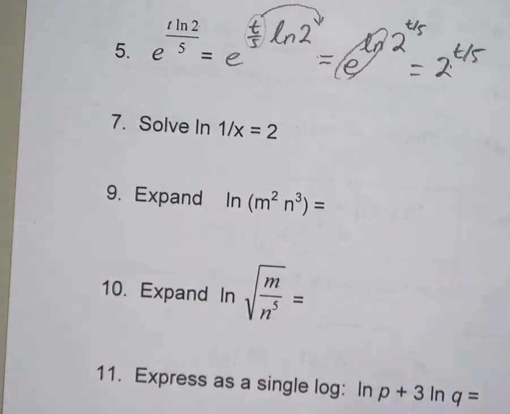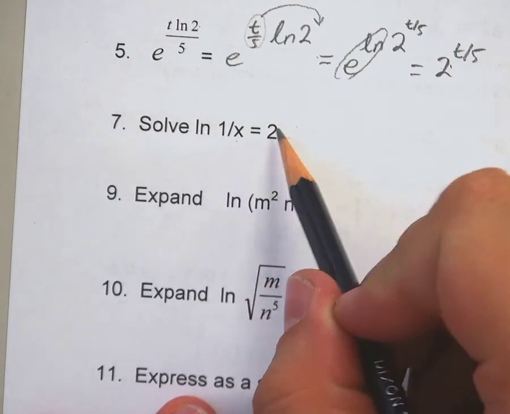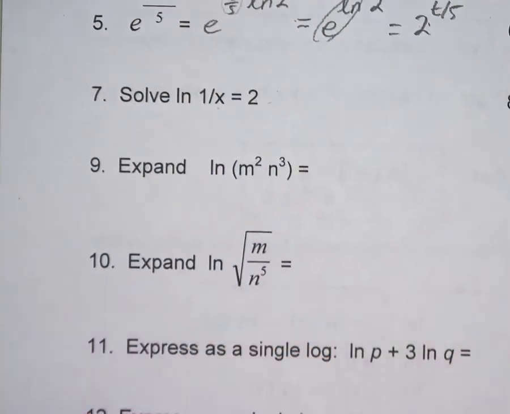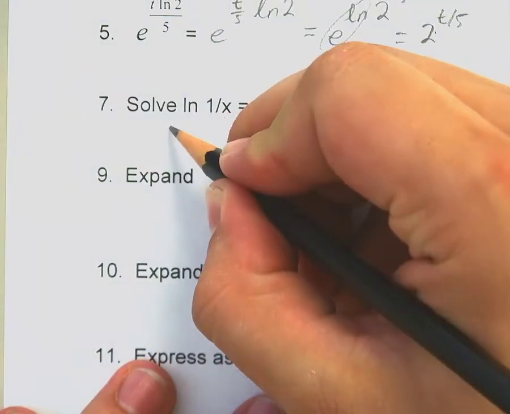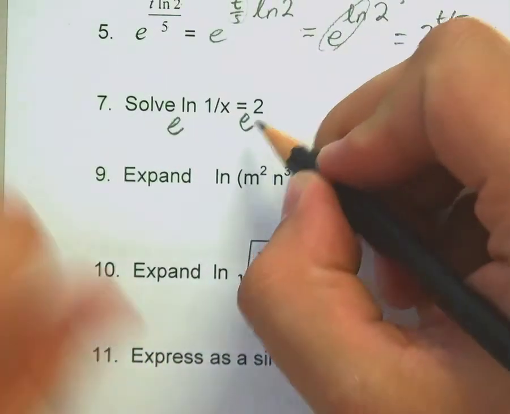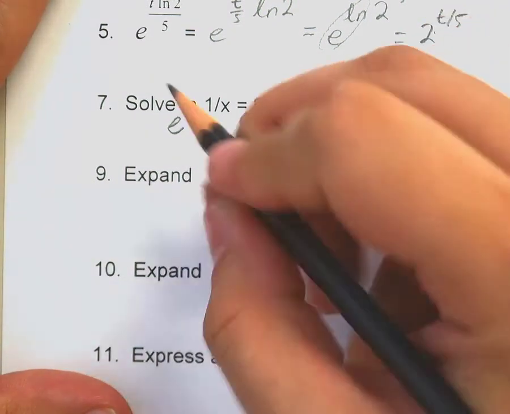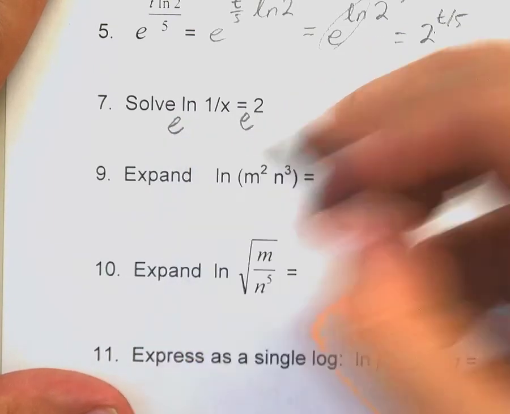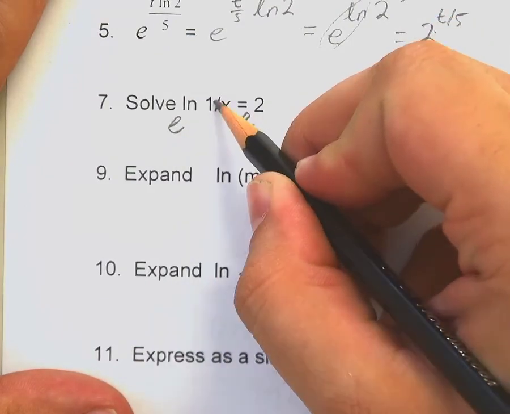Then we get into solving. The natural log of 1 over x equals 2. Okay, this is going to go back to a principle of just algebra, really. What I'm going to do, I'm going to e both sides. There's really no way to call it anything easier than that. I'm going to take e to the power of 2, and e to the power of ln of 1 over x.